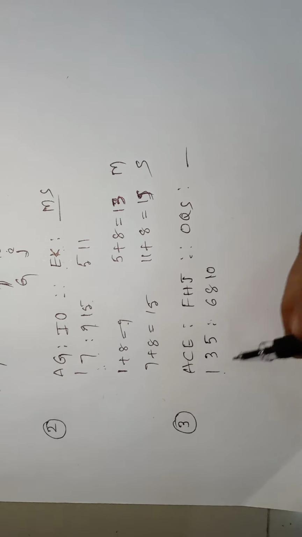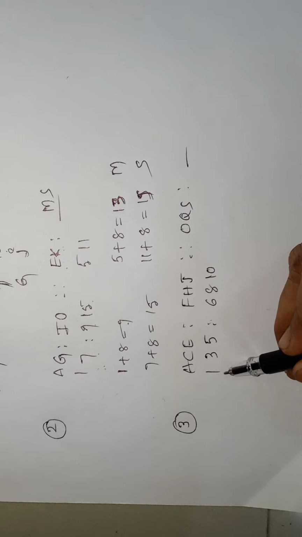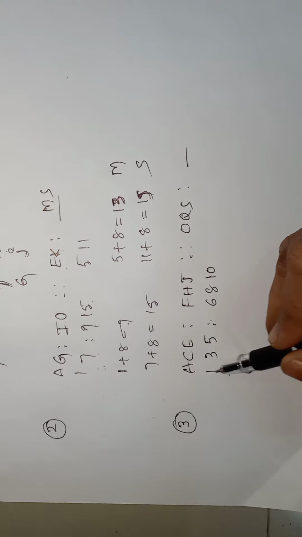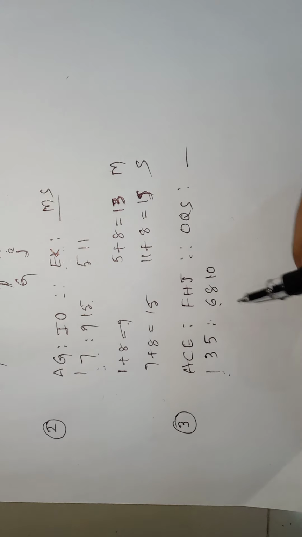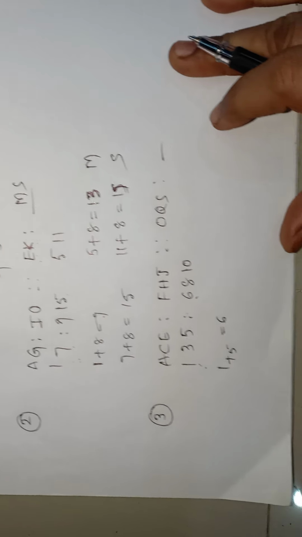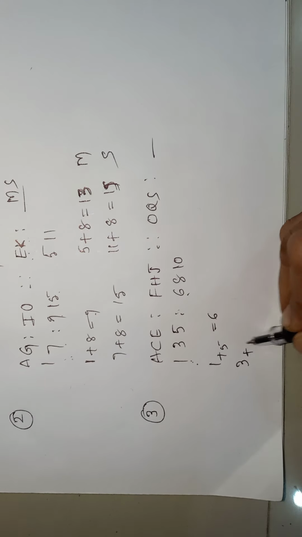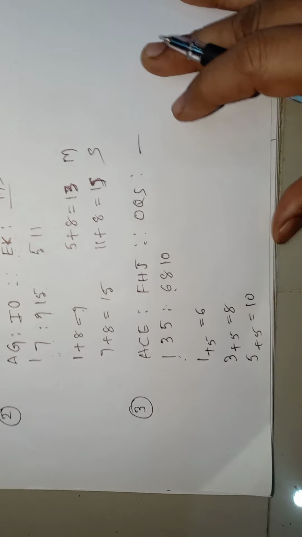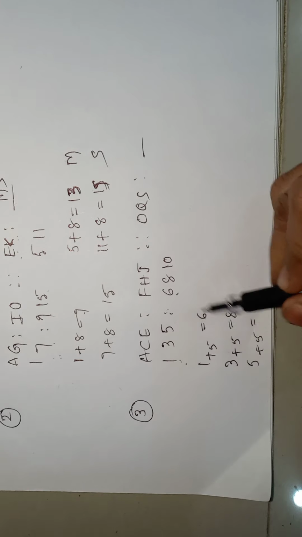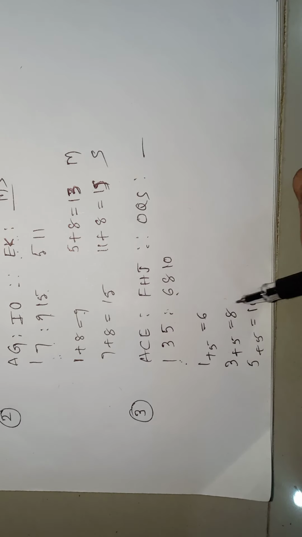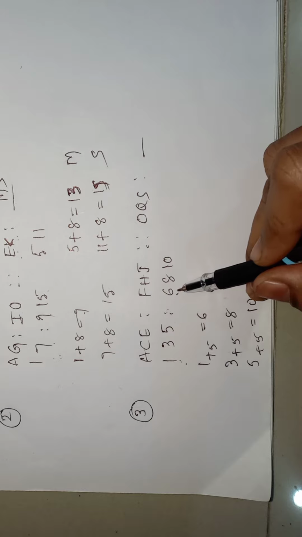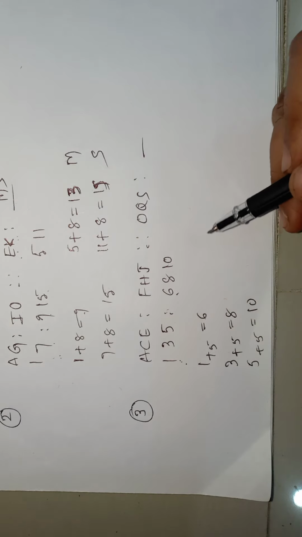If we add 5 to 1, we get 6. So 1 plus 5 is 6, 3 plus 5 is 8, and 5 plus 5 is 10. So to these three numbers we have to add 5. Then the answers are 6, 8, 10.